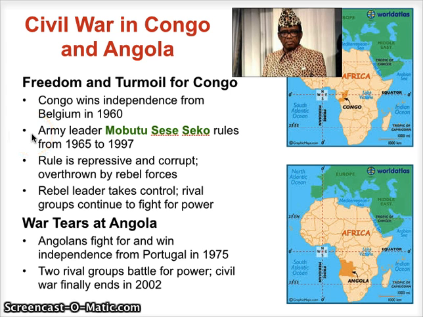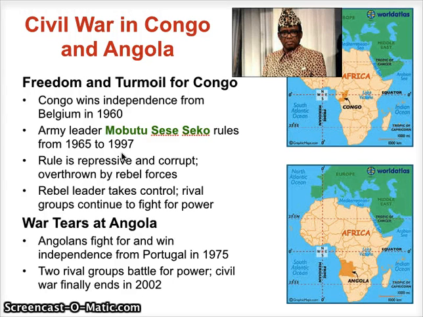Now, Mobutu was a dictatorship. It was a one-party ruled country, and there were no free elections. But in 1997, we start to see rebels coming up from different ethnic minorities, and they are able to overthrow Mobutu.